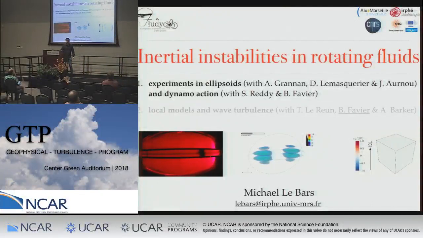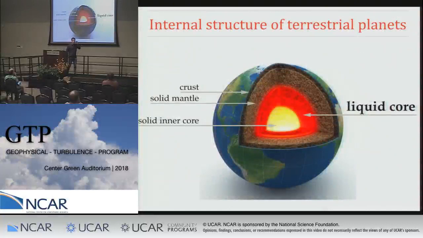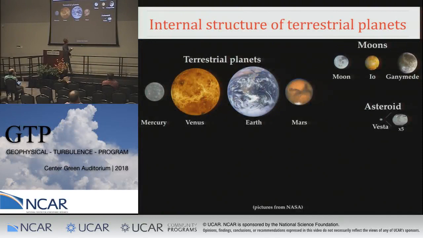Our main motivation for studying inertial instabilities is the dynamics of a planetary core. As you probably all know, if we go down into the Earth, we will find 3,000 kilometers below a huge ocean of liquid iron, which is called the core. The core is something that we find in lots of terrestrial planets, and also in moons and in the biggest asteroids.